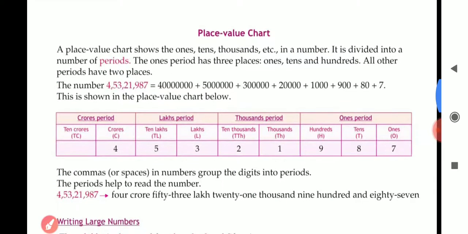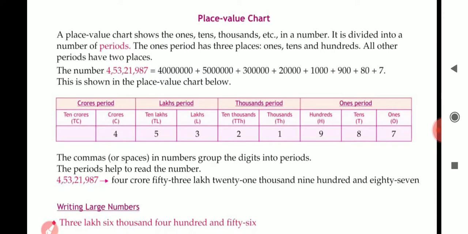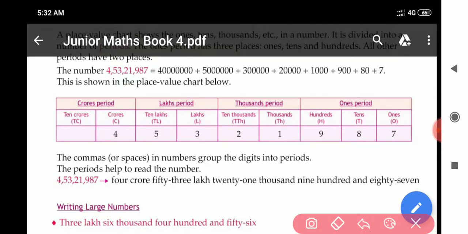Now the place value chart. How to write the expanded form and the place value of a large number. Suppose any number is given. How do we divide that number? According to the Indian system, first we count 3 digits from the right, then put a comma, and after that, after every two digits we put a comma.